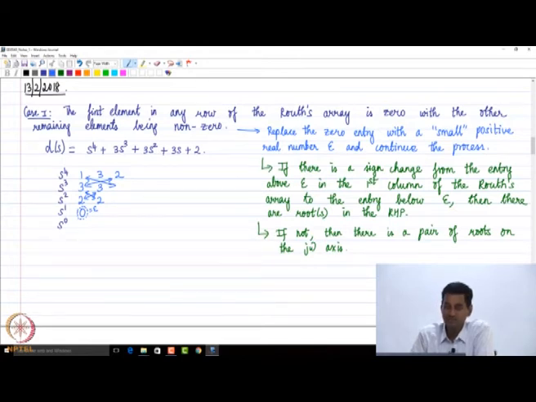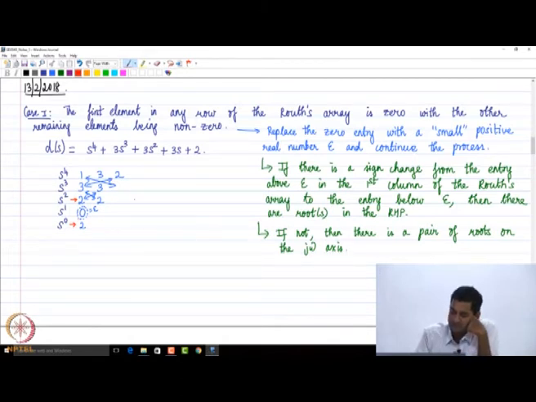We get 2 epsilon minus 2 times the null entry, which is 2 epsilon, divided by epsilon. So what do we get? 2, right. If you look at the entry above epsilon, that is this, and the entry below epsilon, which is this, is there a sign change from the entry above epsilon to the one below epsilon?